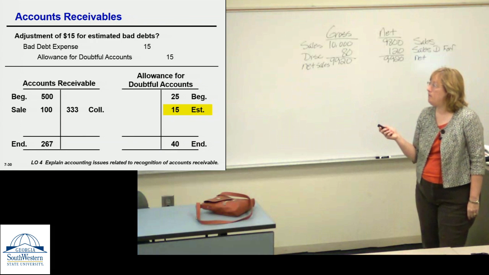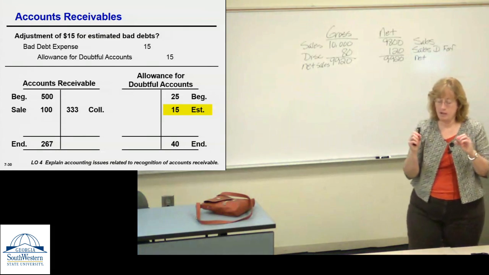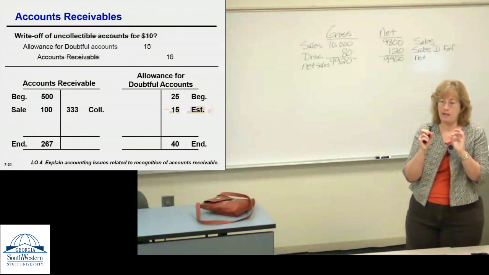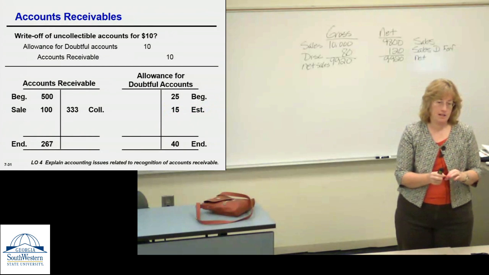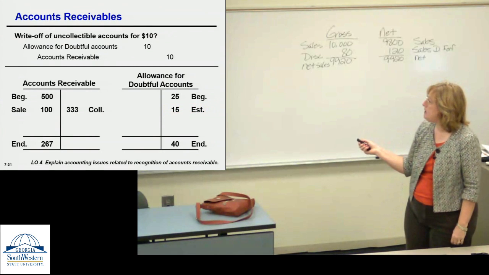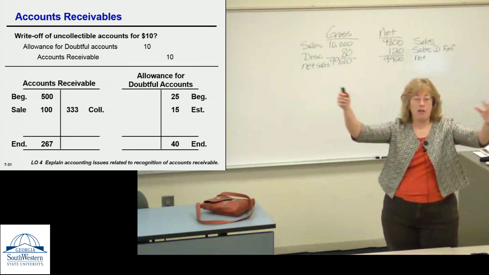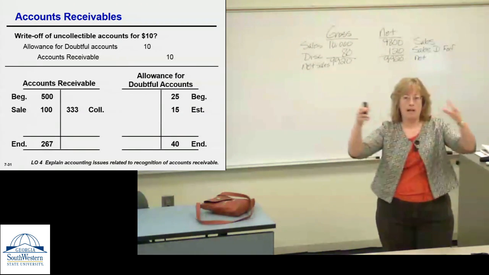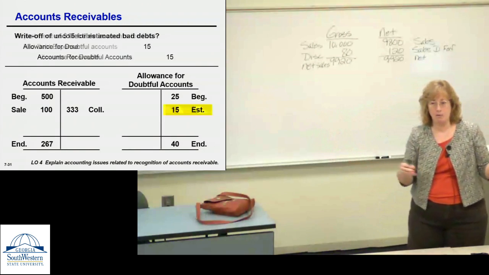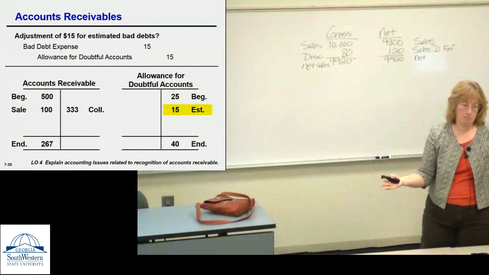Okay, now we find out that one certain person, we find the individual who isn't going to pay. So like this $15 is our estimate of, surely there's somebody out there. We don't identify specific people, but we come up with an estimate of a number.